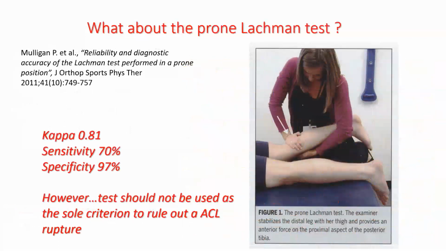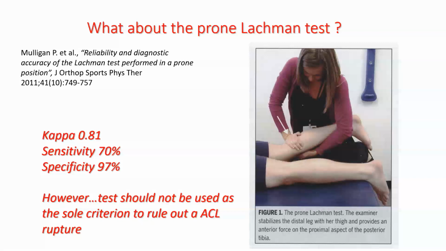I came across this interesting article where a colleague tested if we can do the Lachman test also from a prone lying position instead of a supine lying position, and well, the results seem to be very promising. But the author also focused on a very important detail.